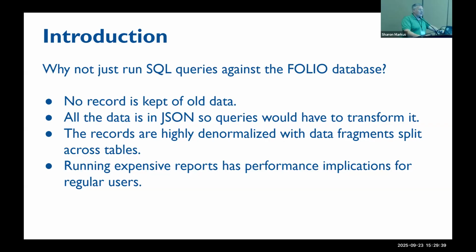The records are highly denormalized, with data fragments split across tables. And it can be expensive to run reports in terms of performance if you're hitting directly against the server, especially if it's doing things like breaking apart the JSON into columns that you can use for queries.